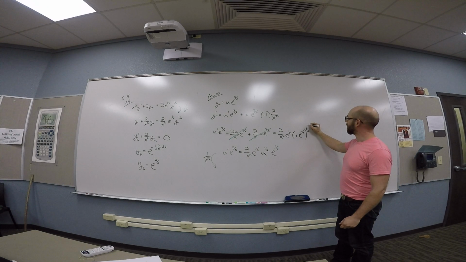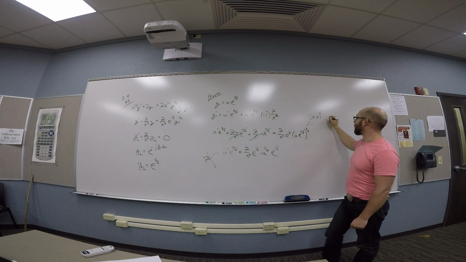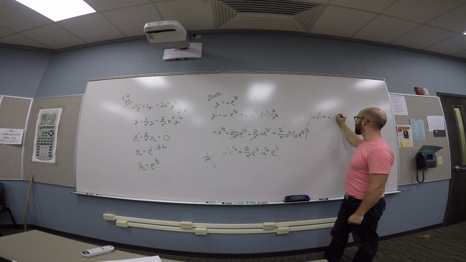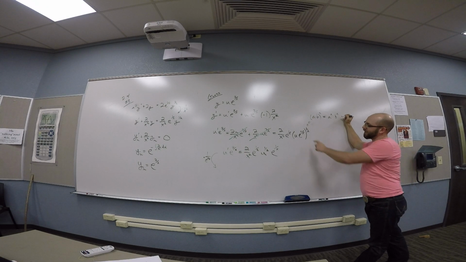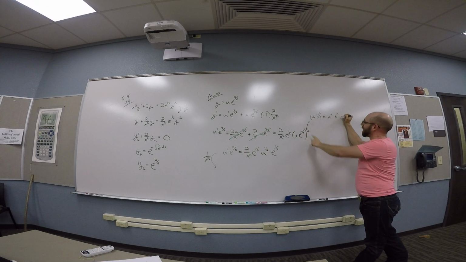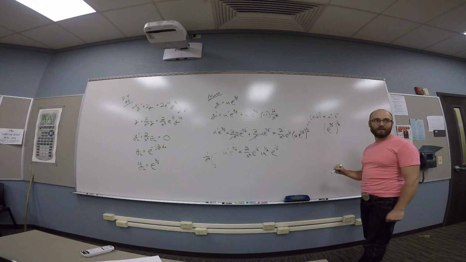Okay, so here I have something like a times b to the n, right? So I said, alright, that's a to the n times b to the n. So I got this, and I'm like, okay, so that's e to the 2 over x to the 1/2 power. Yeah, so you multiply those.